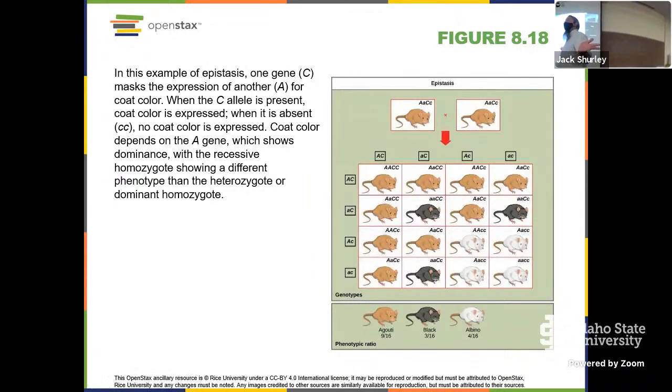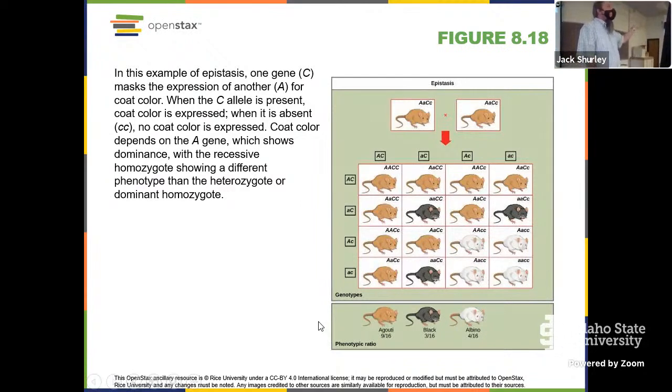So it doesn't matter if you're big A or little a, there is no, the switch is shut off. The little c's are there saying, I don't care what color you want to be, you're albino, right? So that is epistasis. The C allele says express it or don't, coat color or not.